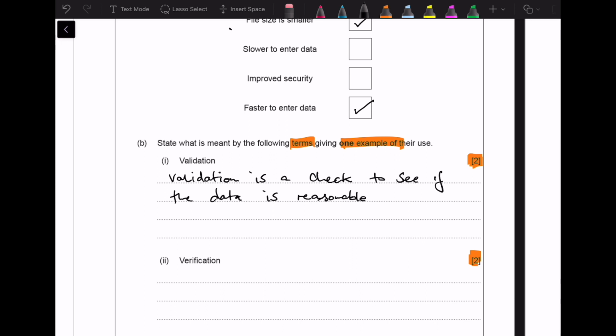And an example of that could be a range check, to check to see if data is within a certain range.